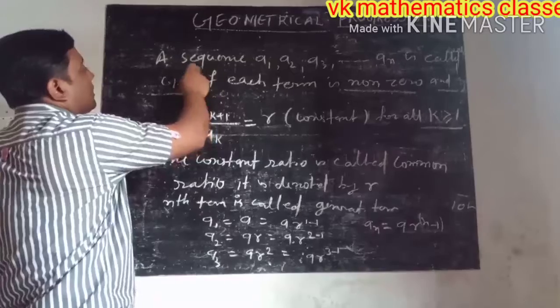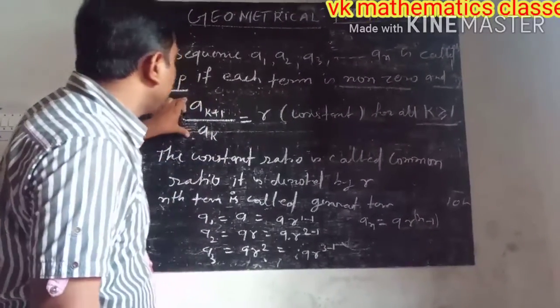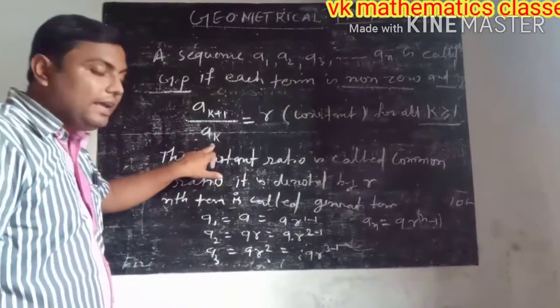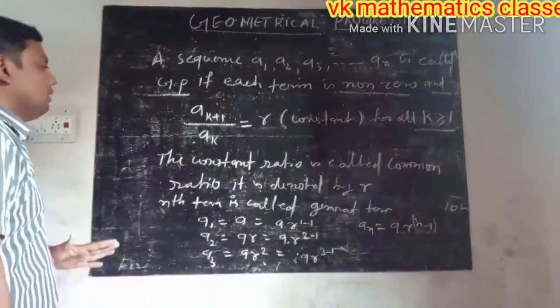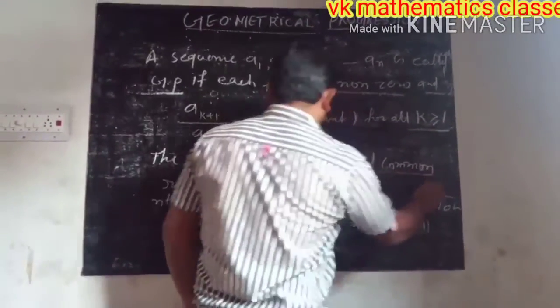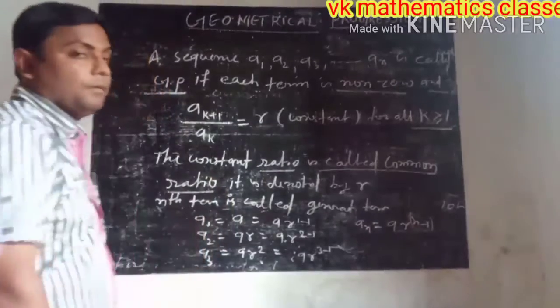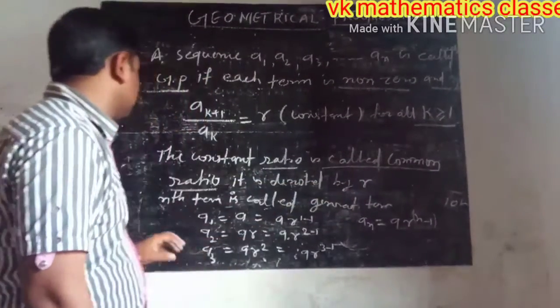That is, a sequence a1, a2, a3, an is called GP if ak plus 1 by ak is a constant. The constant ratio is called common ratio. It is denoted by r.